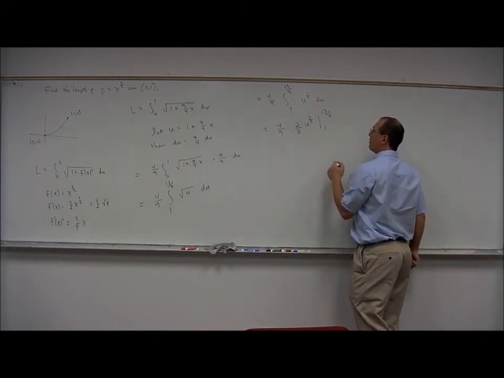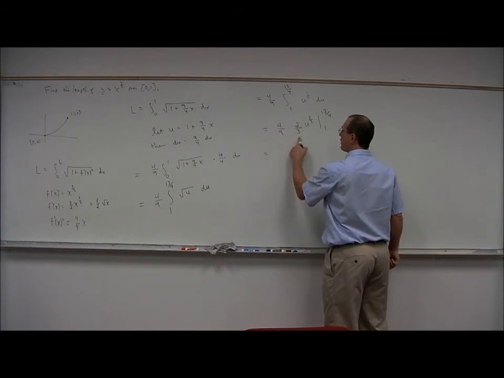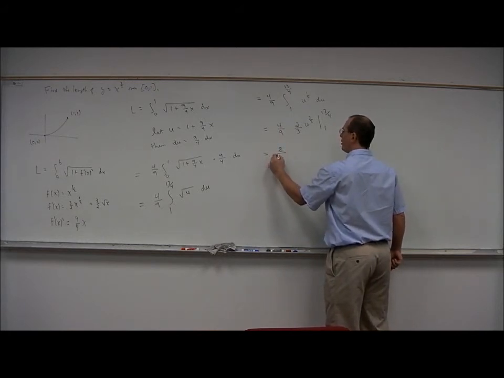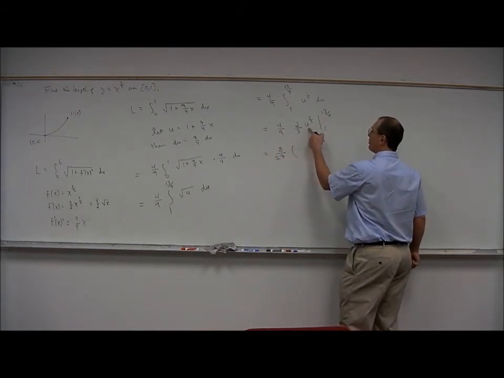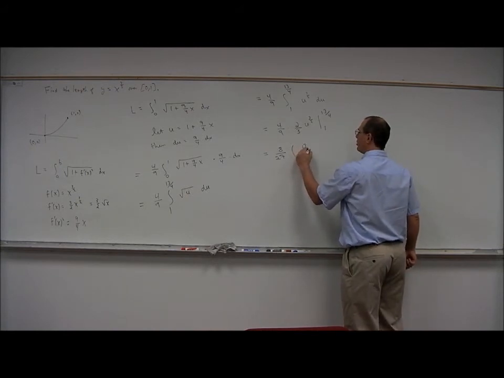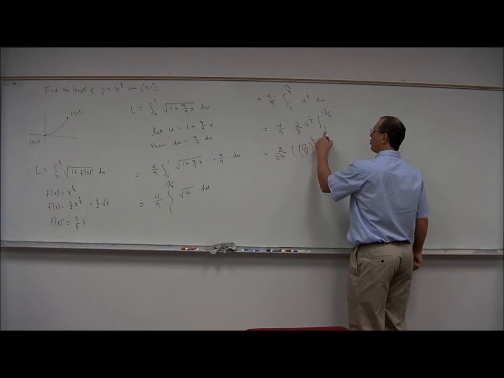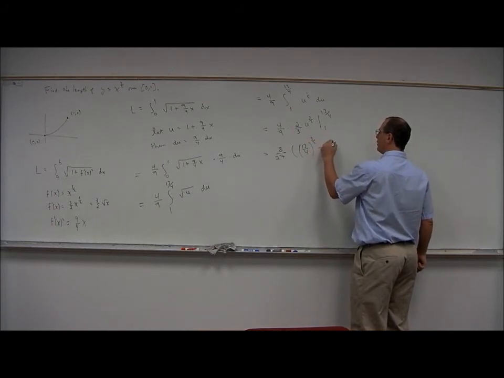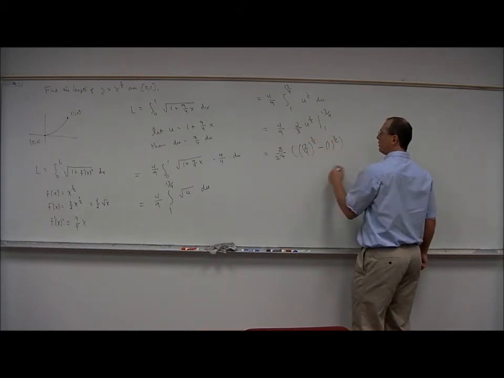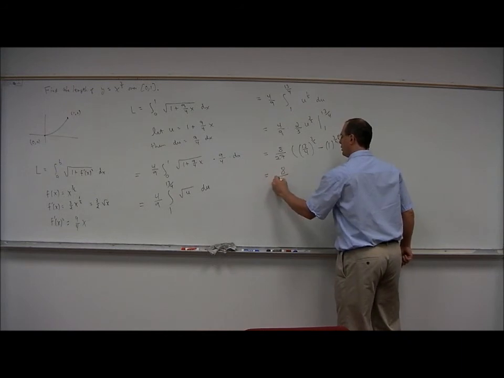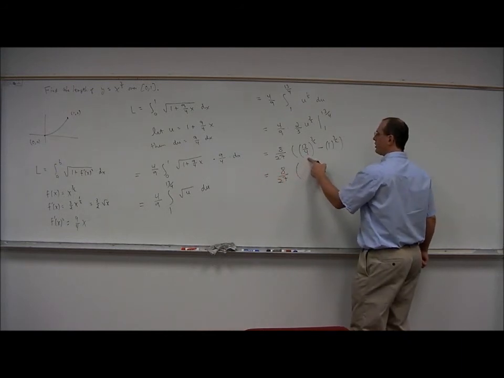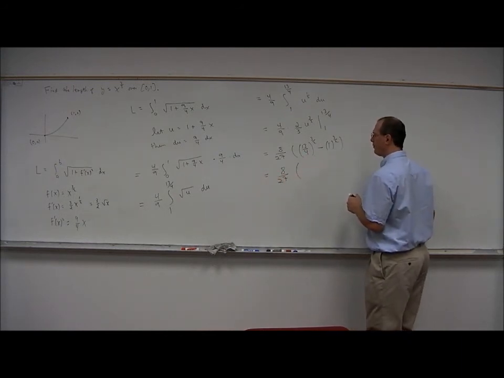Then we have to plug in the numbers. So we have a coefficient here of 8 over 27, and then plugging in 13/4 to the 3/2 minus 1 to the 3/2.